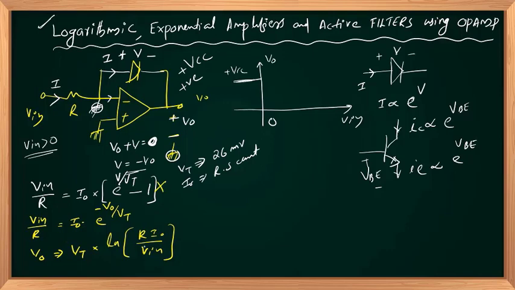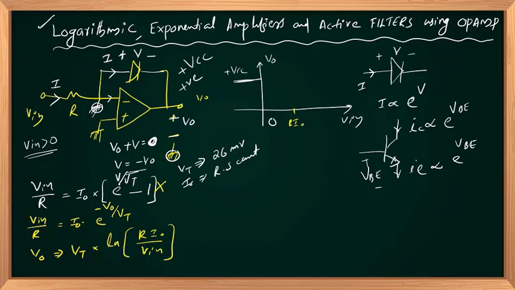Both are the same. So while plotting the curve between V out and Vin, we mark R I naught here, R times I naught.